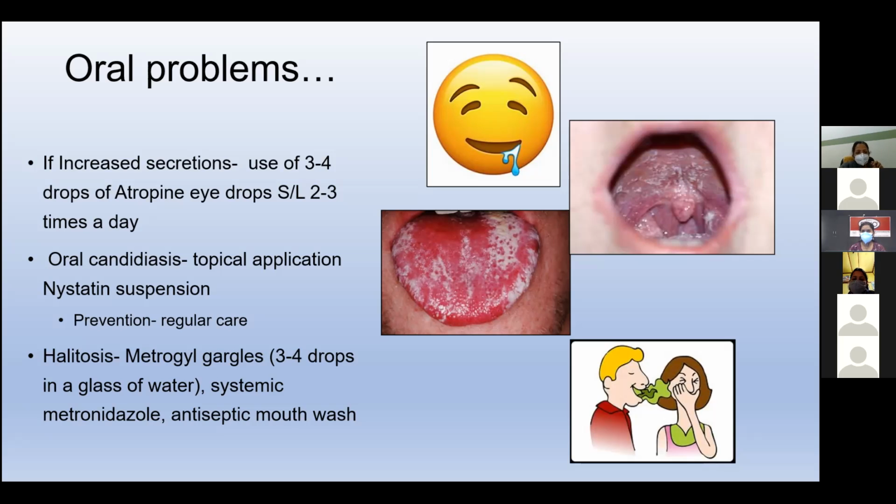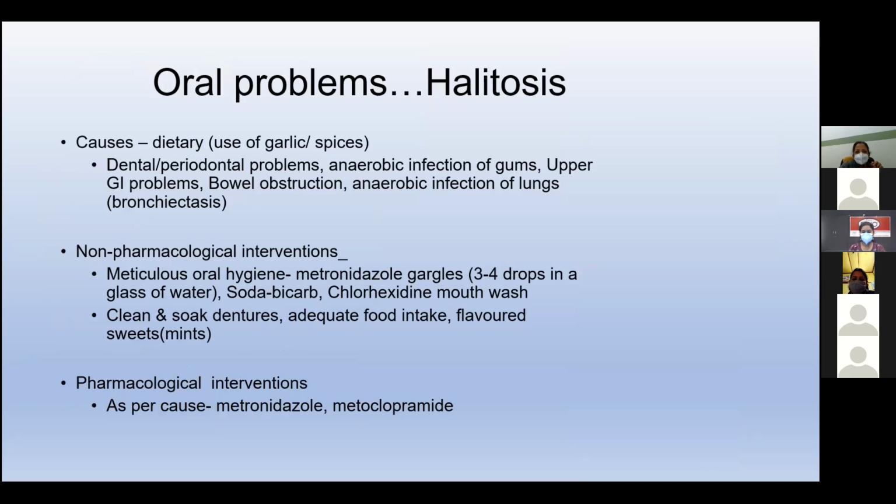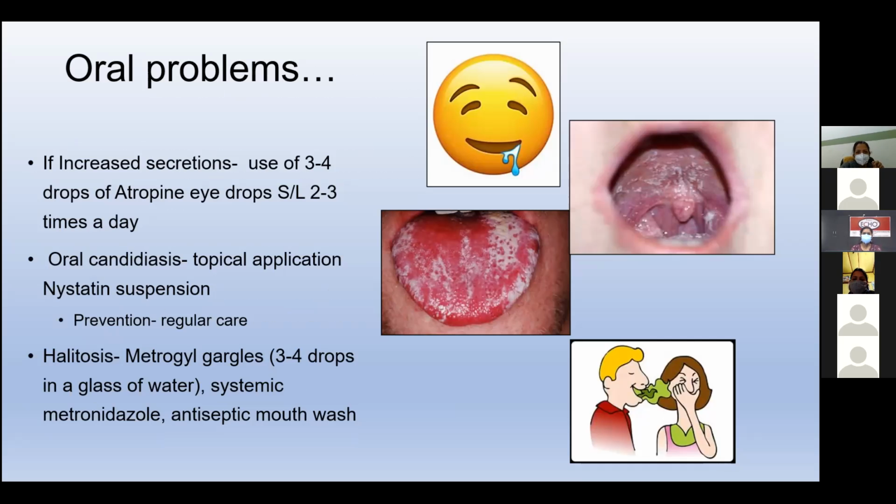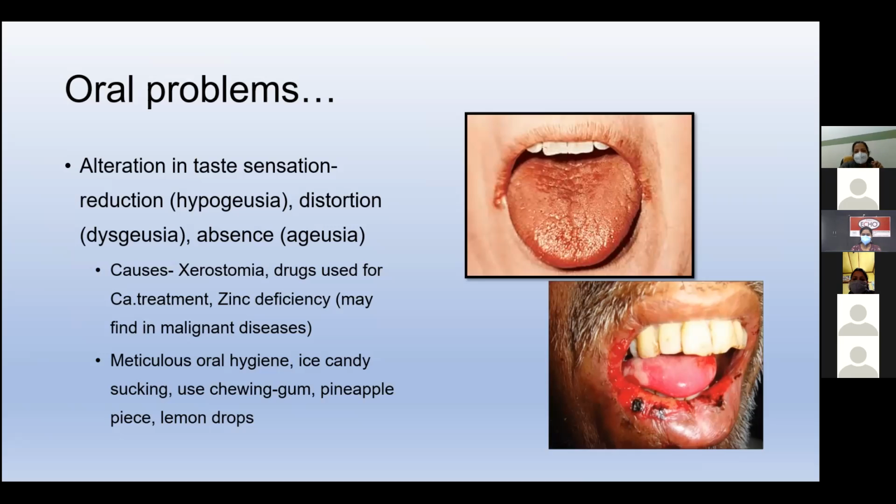Halitosis we just talked about. The patient may complain of altered taste. If there is a reduction, it is known as hypogeusia. Any distortion is known as dysgeusia, and absence is known as ageusia. Causes may be many.